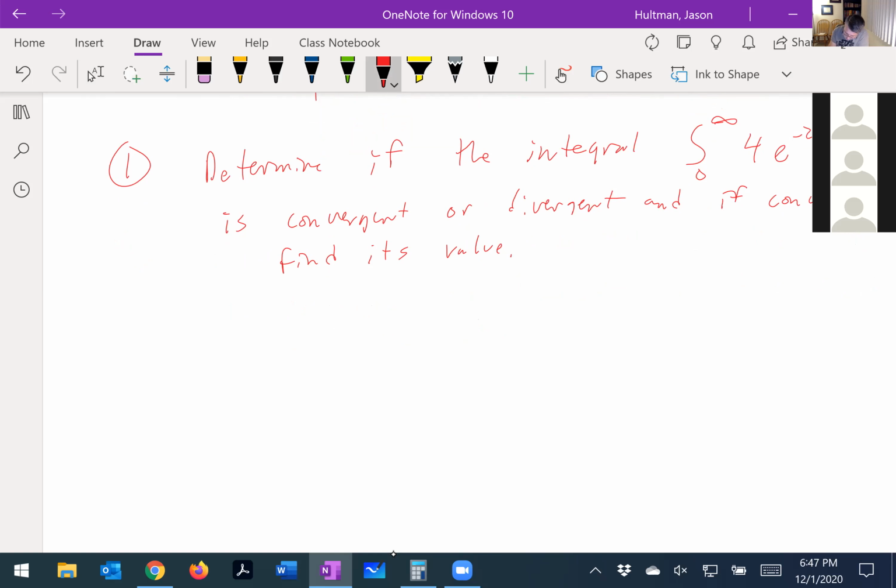We're going to say that the integral from 0 to infinity of 4e to the negative 2x dx is the same as the limit as b goes to infinity, not x, as b goes to infinity, of the integral from 0 to b of 4e to the negative 2x dx.